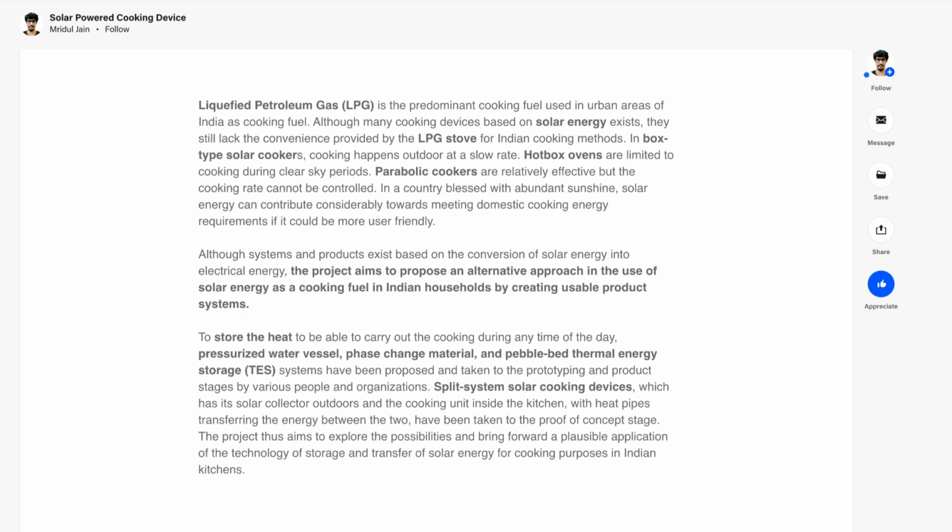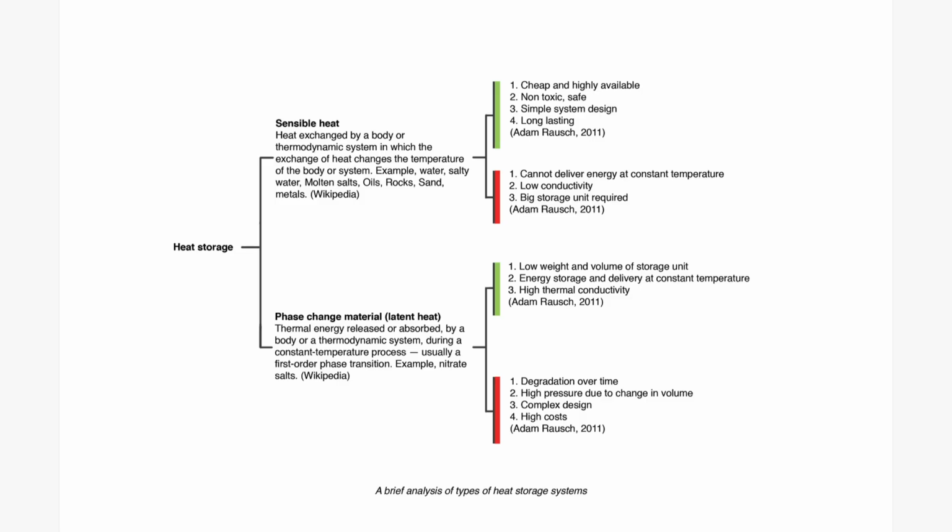Much research has already been done in the IIT Bombay Energy Science Department. Many people are working on this. If you want to store heat, you basically take the sun's heat and transfer it to another material and keep that in an insulated system, so that you can extract the heat from that material when you want it.